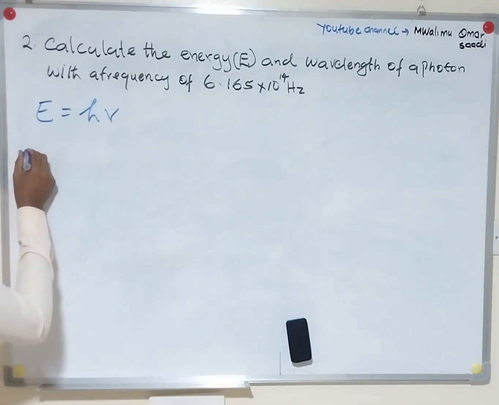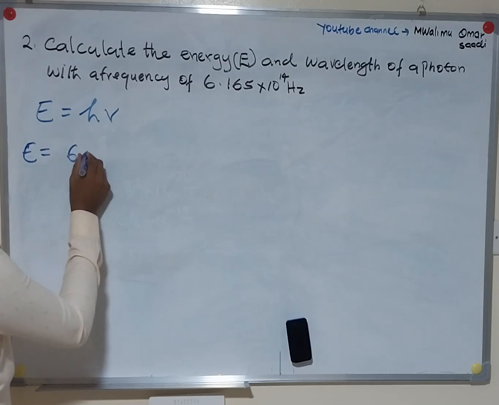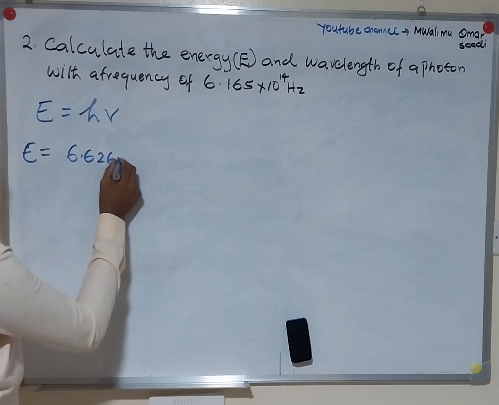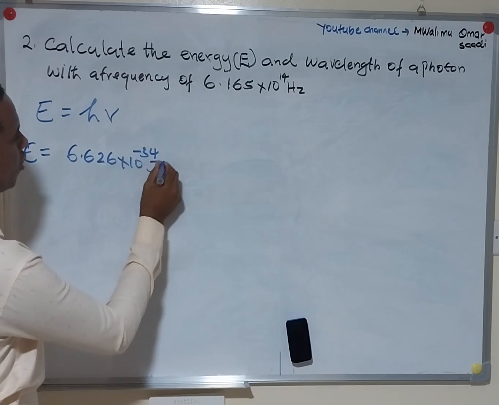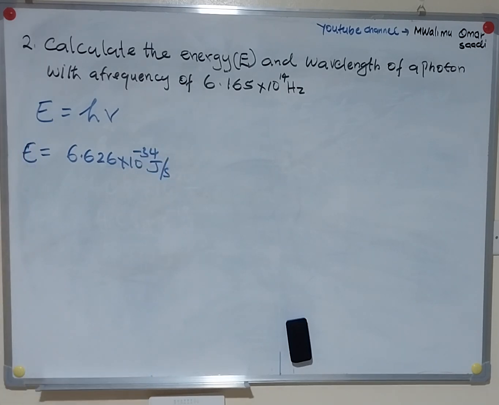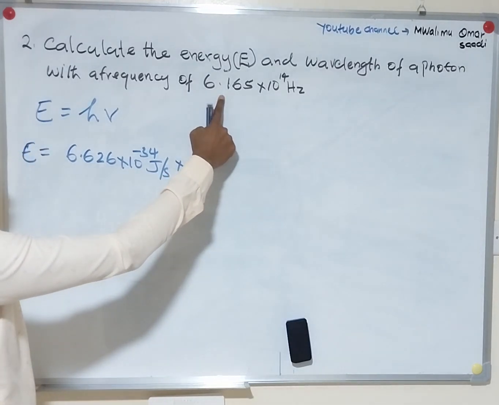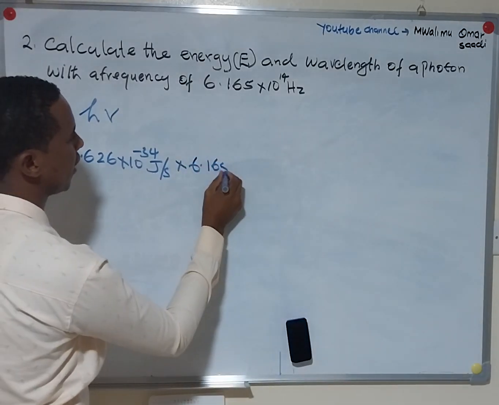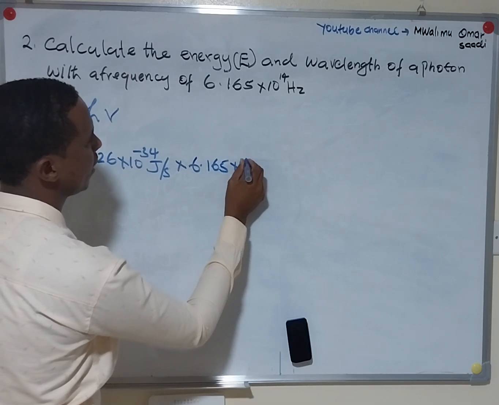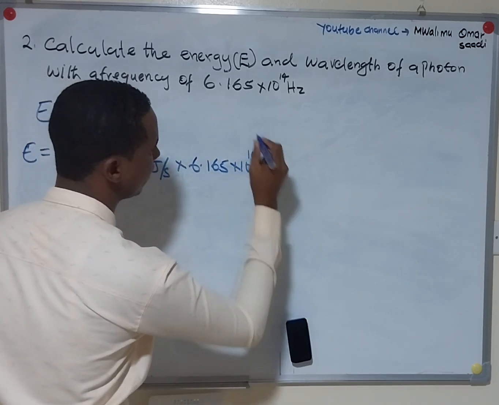So energy E is equal to H, which is 6.626 times 10 power negative 34 joules per second, times v, which we are given here, 6.165 times 10 power 14 hertz.